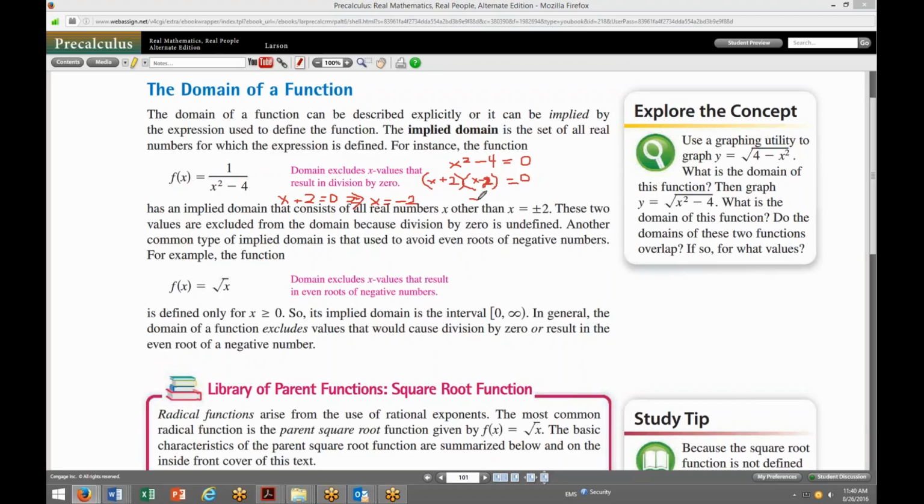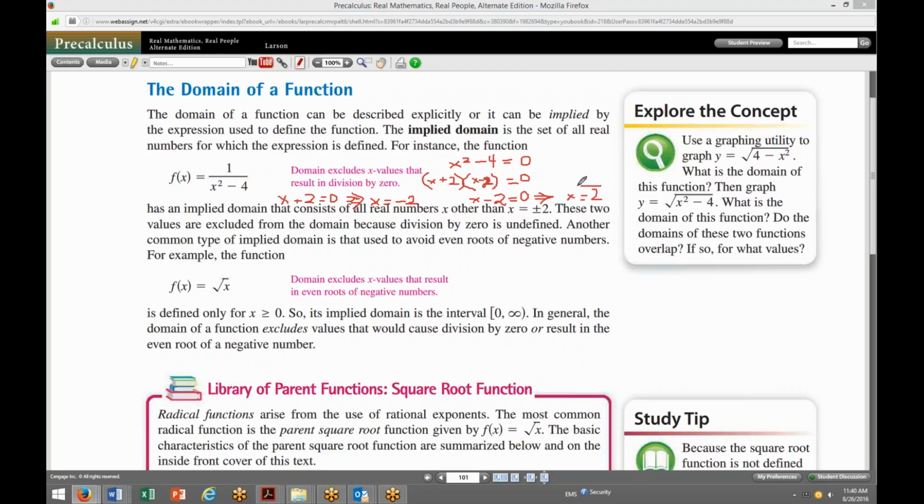Then for x minus 2 equals 0, you add 2 to both sides, and we end up with x equals 2.